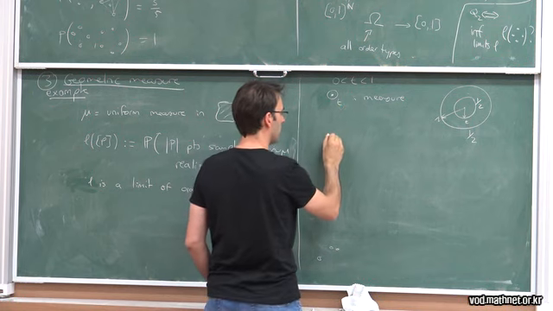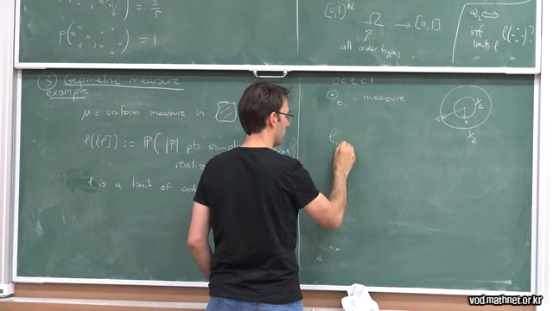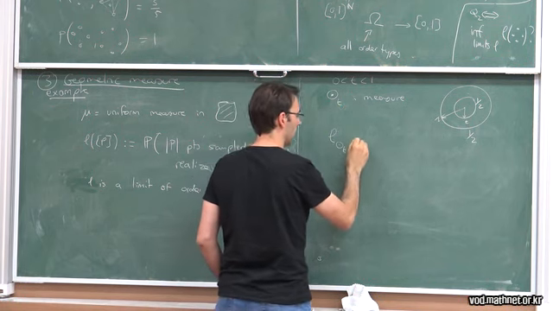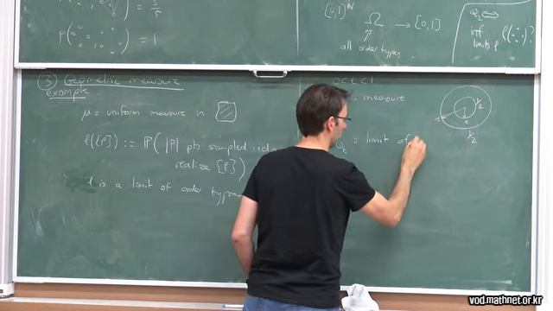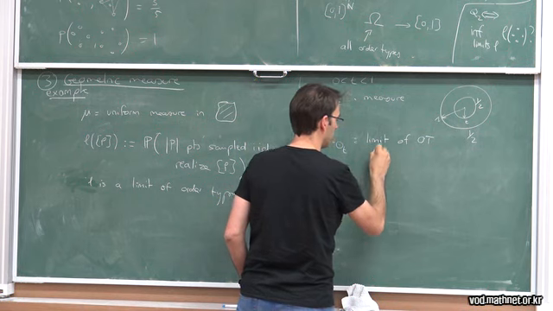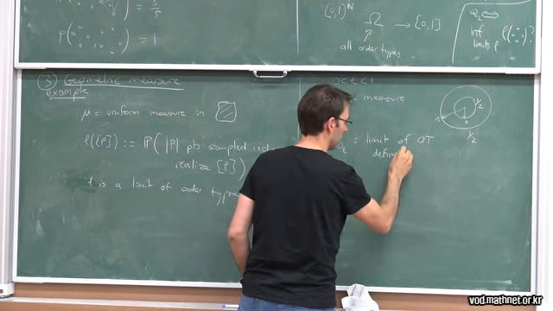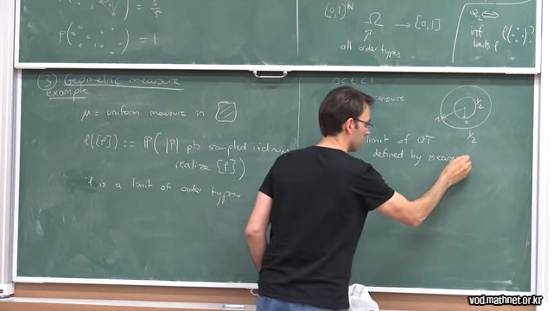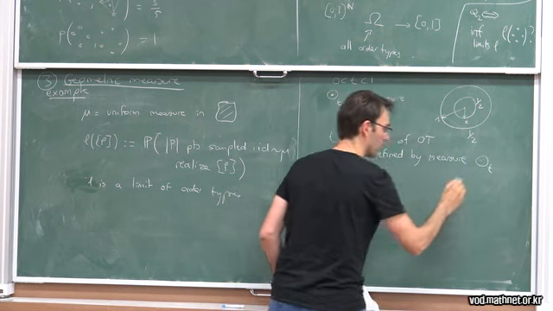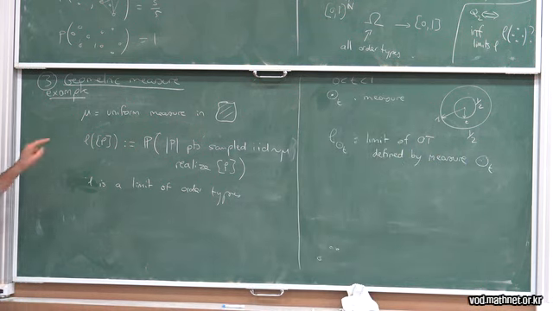This is a measure. So I can look at L. This is a limit of order type, the order type defined by the measure. Okay, in this sense. So let me call this L mu.